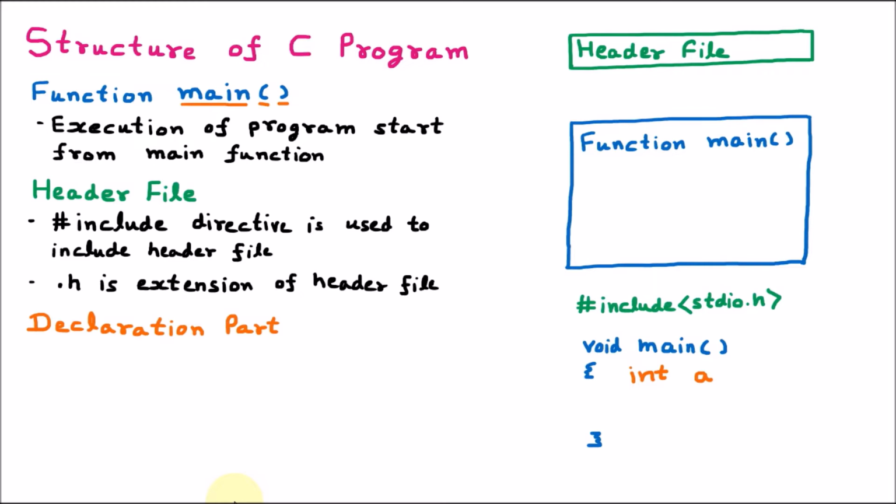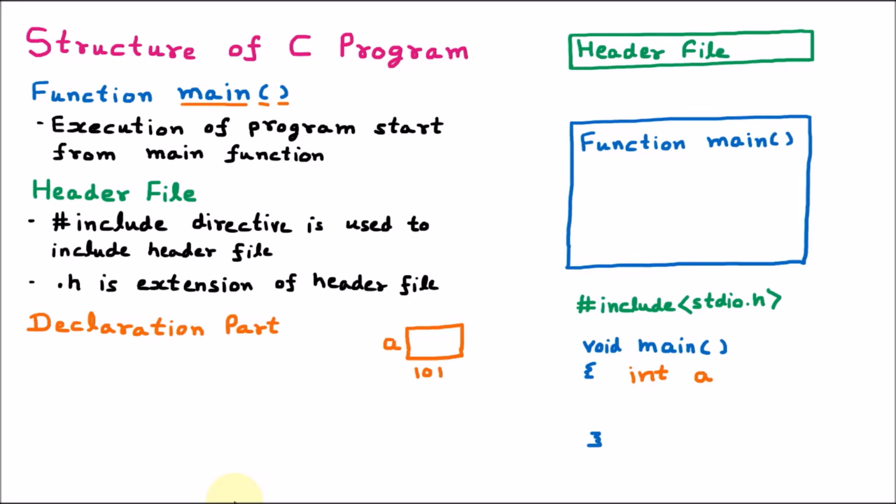Inside the memory of your computer, one block will be reserved. So this is one block of the memory, and it will be given the name A. The memory can have its own address. Let us suppose the memory is placed at the address 101.